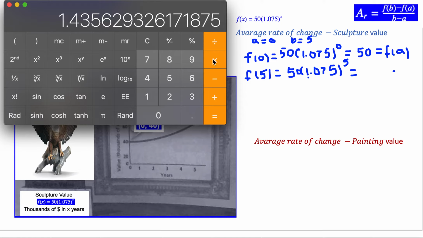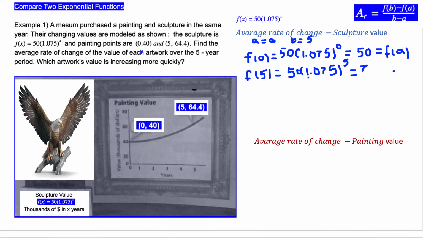I multiply by 50, and we get the value 71.78. So after 5 years, the sculpture is going to cost $71,000, because this 71 signifies thousands of dollars. Let's write here f of b.